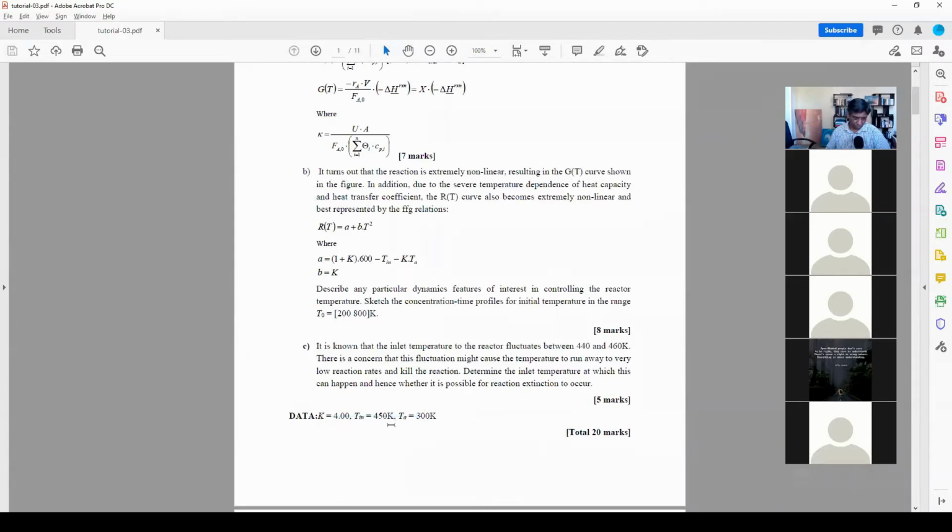Right, so we are told K, TA, and T in, and you can see those are all the parameters that are needed here to compute A and B. So you can calculate A and B, and then that defines that equation R of T.